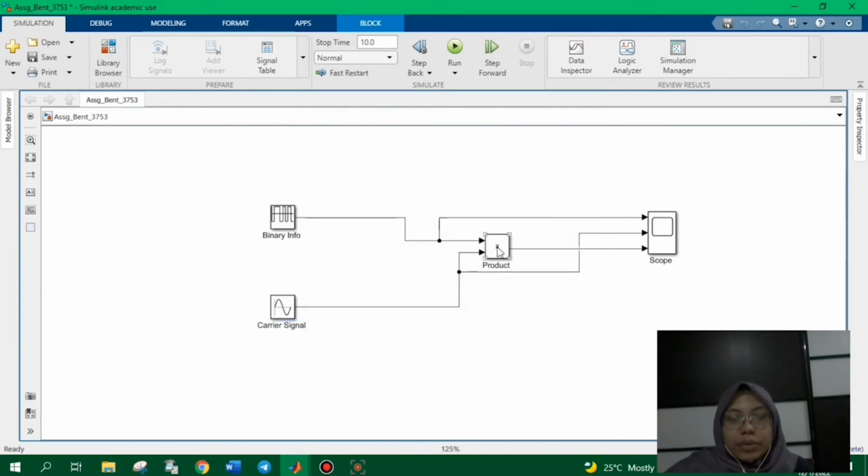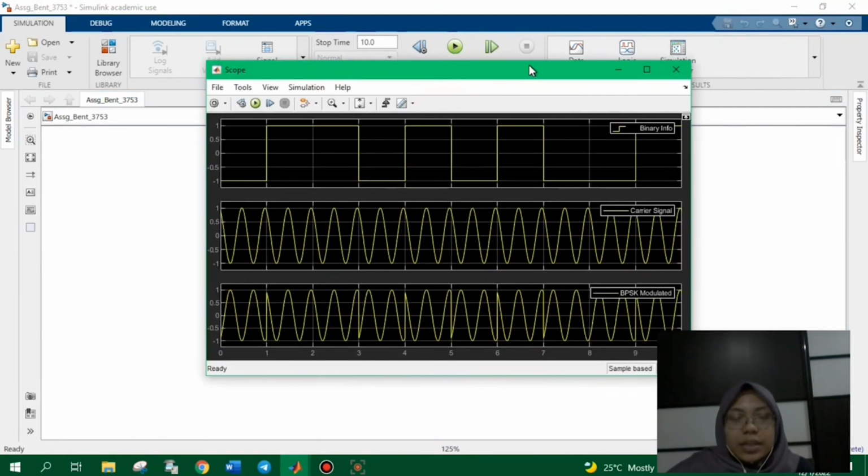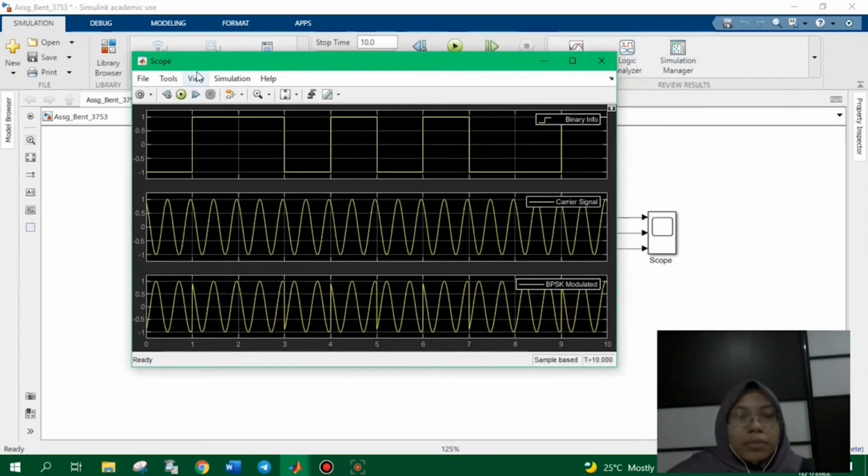Then this is the product and scope to display the output waveform. Next, we need to run. Okay, this is the output waveform from the scope. At the binary info, the input signal is 0, 1, 1, 0, 1, 0, 1, 0, same as the MATLAB code.